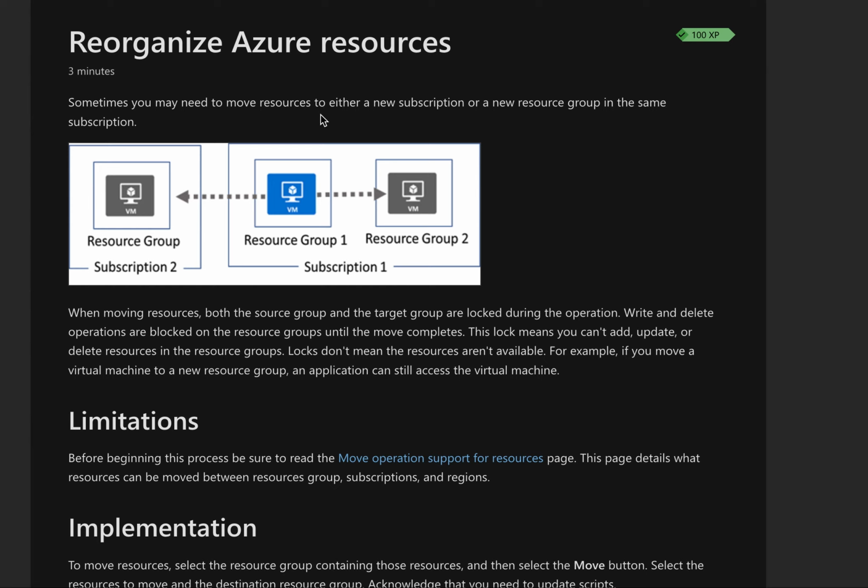And in this case, we have in the screenshot resource group 1 and resource group 2 in subscription 1, and then we have another resource group in subscription 2, and notice all of the resources are VMs.